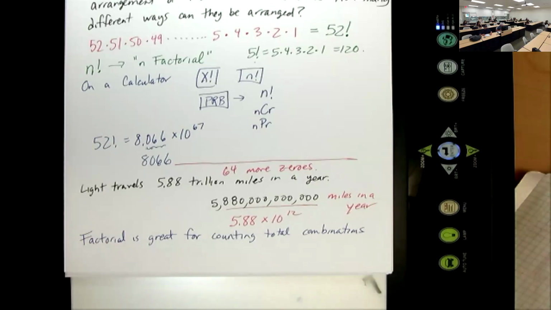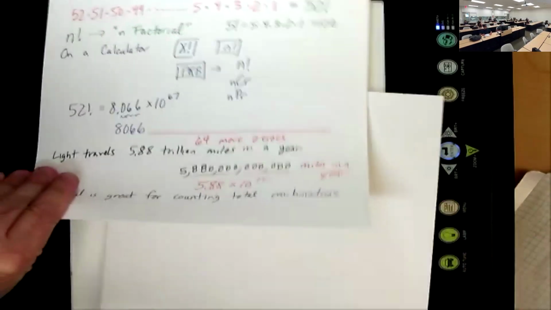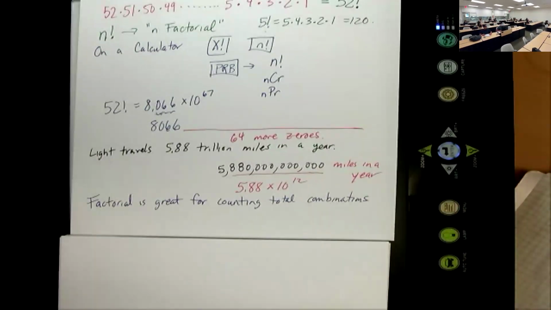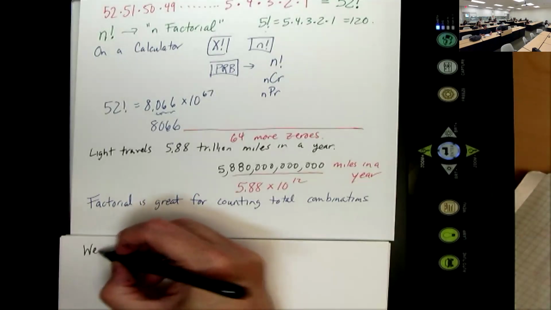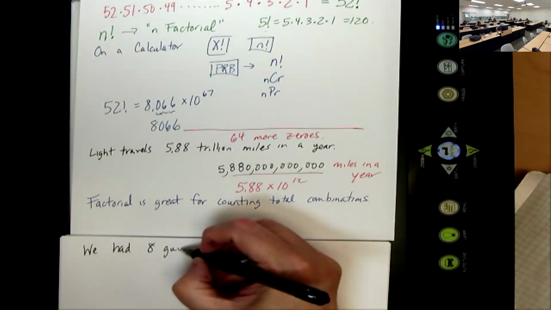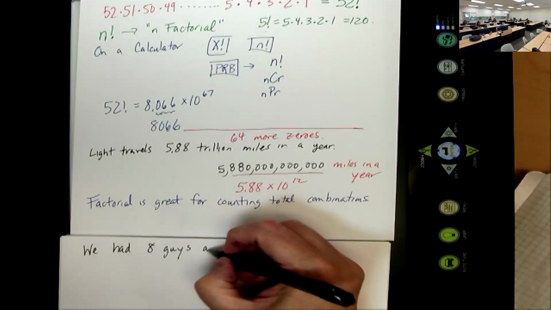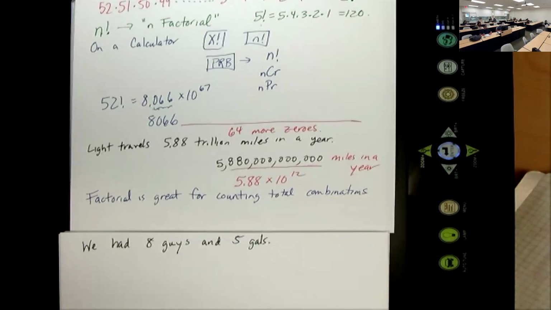I'm gonna quickly revisit that topic we had last Tuesday. Remember when we talked about, we had 8 guys and 5 gals, that problem? We did at least 1 girl.